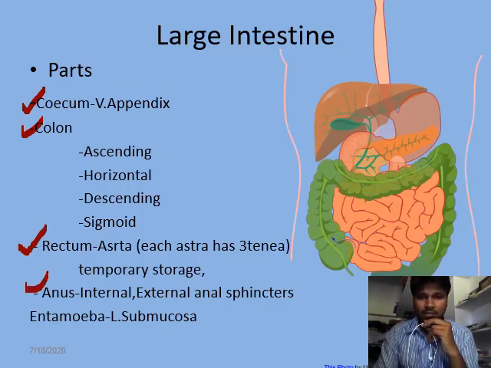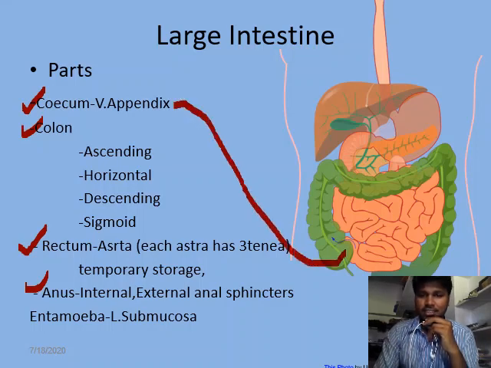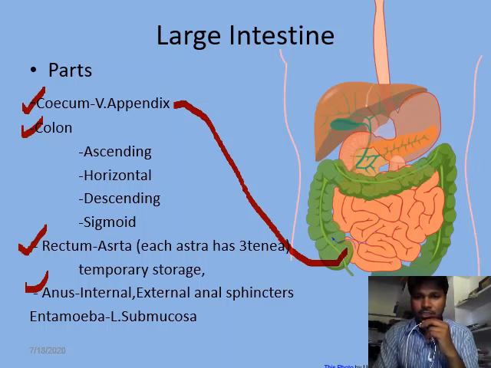Let us look at them. Cecum is the first part of the large intestine. So the ileum of the small intestine opens into the cecum. Here we find the sphincter, the ileocecal sphincter. I already said the sphincter is to control the passage of the food.